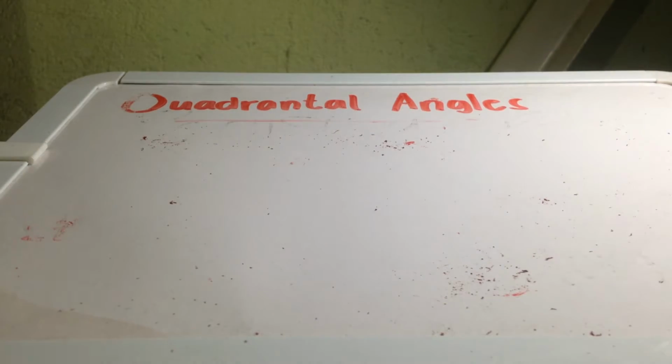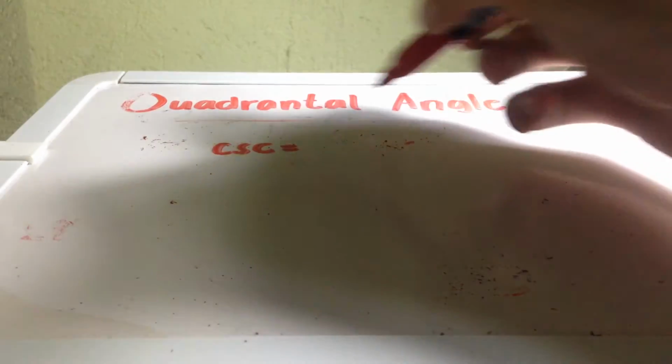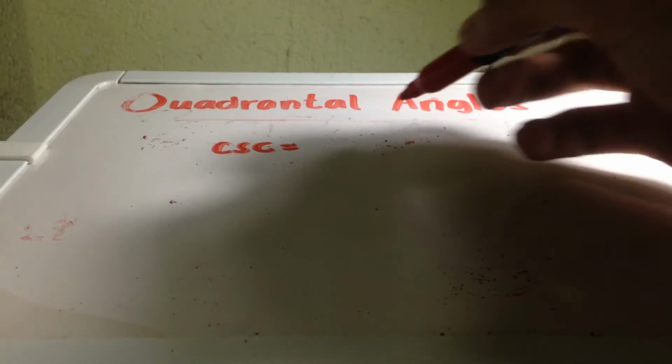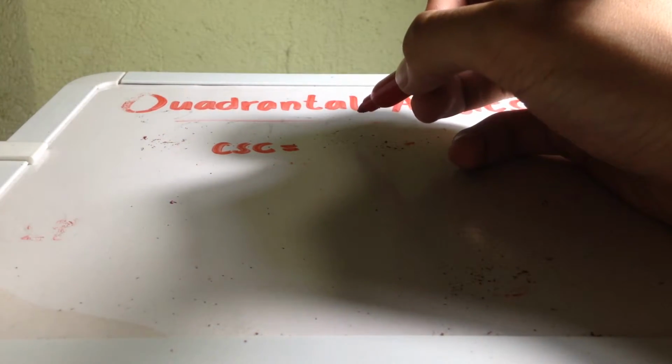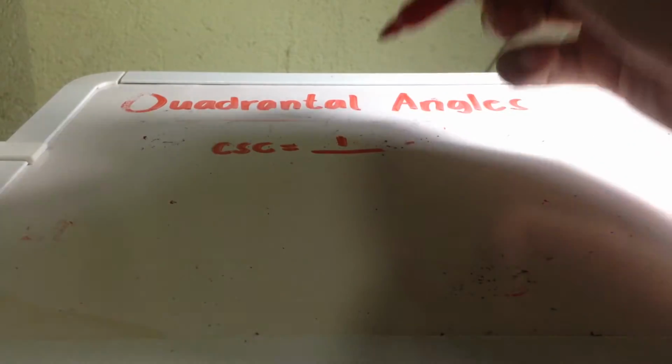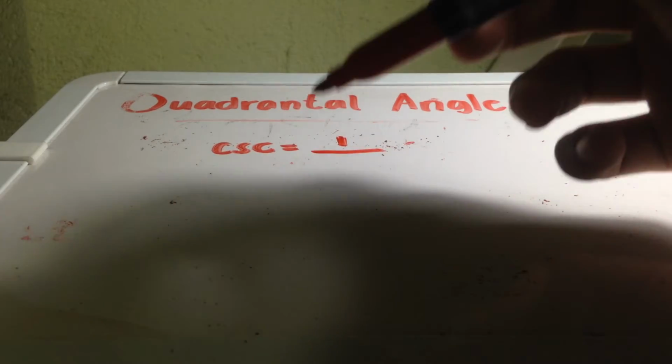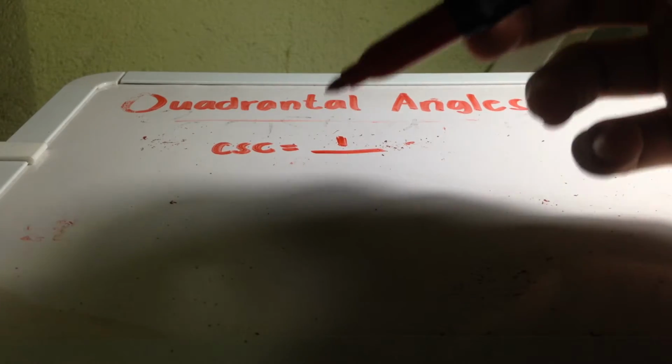Using that formula, we will be able to find the values of tangent of 0 degrees, 90 degrees, 180 degrees, and 270 degrees. Now to find the other three, you just got to find the reciprocal of its reversal trigonometric function.